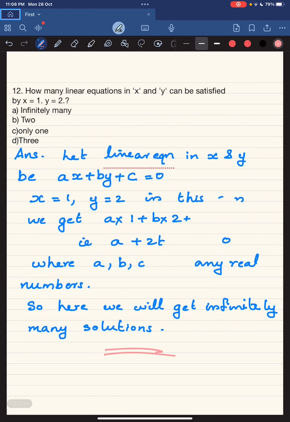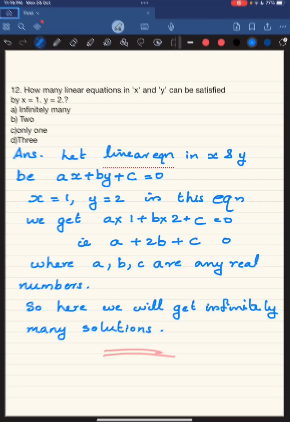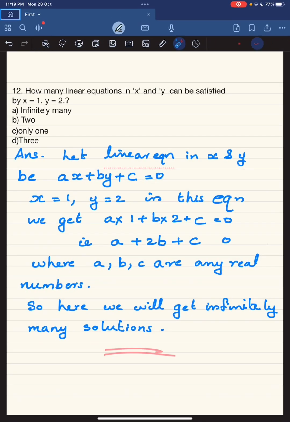Now next question is, how many linear equations in x and y can be satisfied by x is equal to 1, y is equal to 2? So first we have to know what is a linear equation. A linear equation in x and y is ax plus by plus c is equal to 0. This is the standard form.